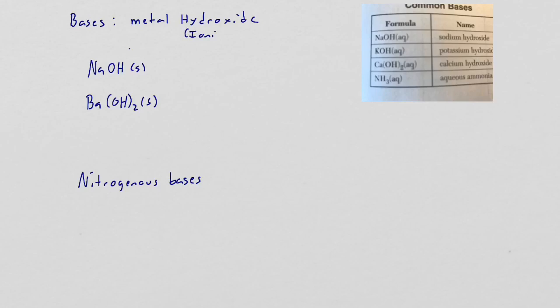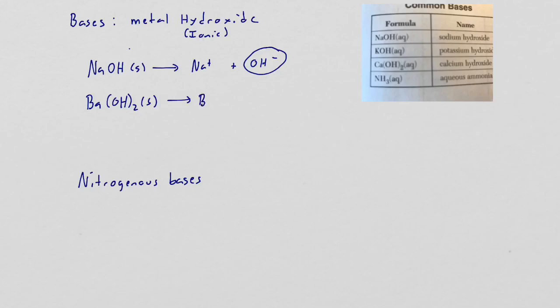They're not molecular, but one of the ions in them is the hydroxide ion, and that's what defines them as a base, because when these are dissolved in water as solids, they break up into sodium ions and hydroxides, and the presence of this negative ion, the hydroxide, is what says that they are bases.